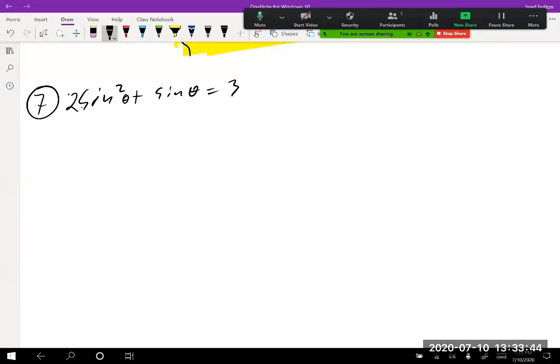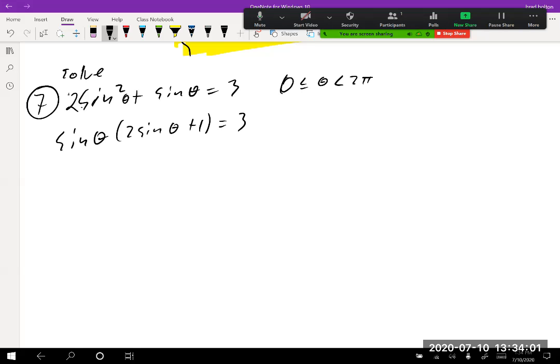So if I ask you to solve this, and obviously it's from 0 less than theta less than 2 pi, what we would do is factor out sine theta, and we would have 2 sine theta plus 1 equals 3. And then we would set each of these equal to 3.